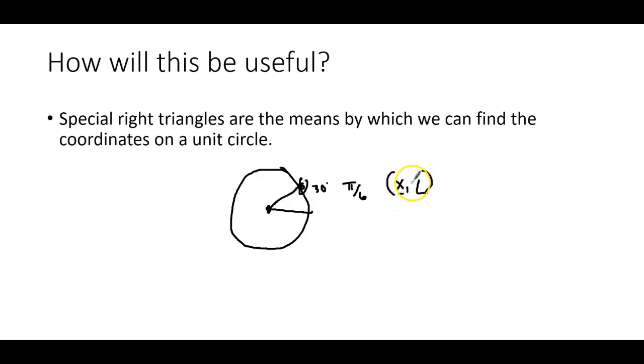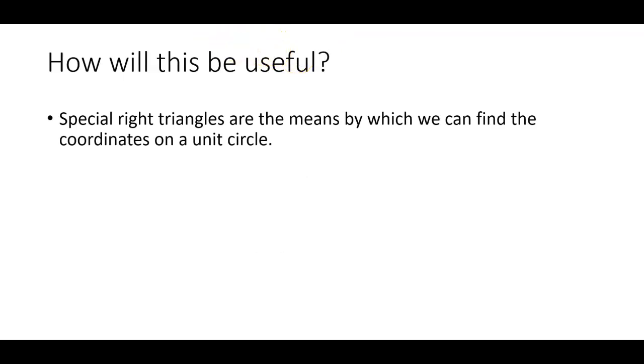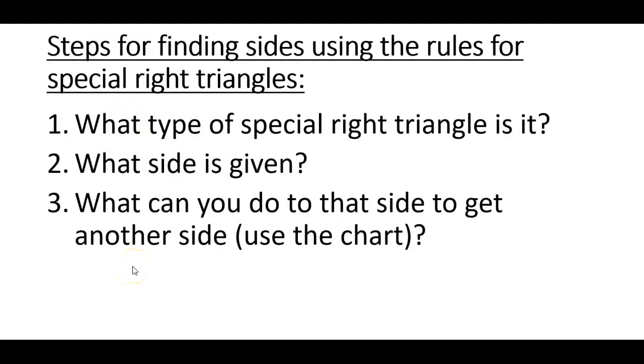Well, special right triangles can help us find out what that point is. Okay? And in our next lesson, not today, we'll see how that is. But for today, we're just going to learn about what these special right triangles are and how to work with them. So let's go ahead and get started with that.